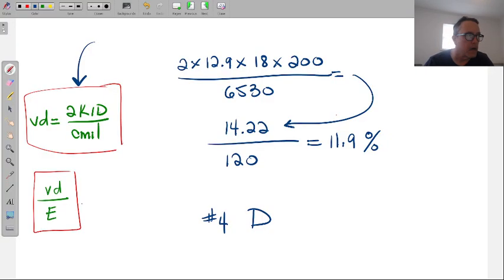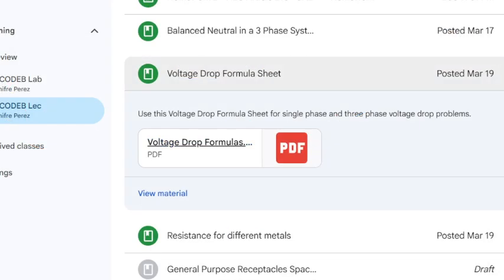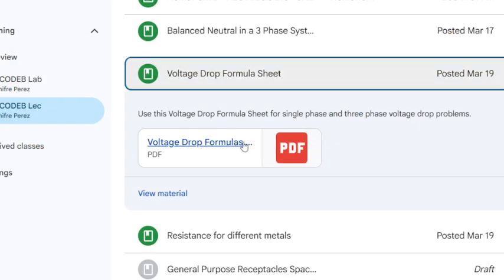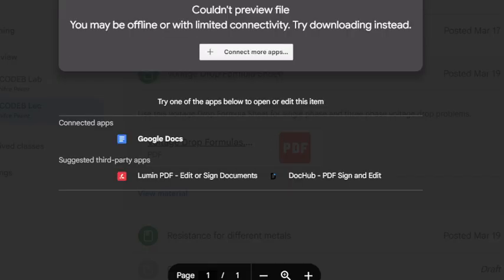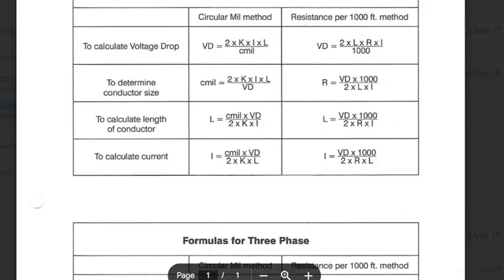Now, I do have the formulas posted. Remember, you don't need the three-phase one for tomorrow, but if you want the formulas at all, I posted it here under the voltage drop formula sheet, and I'll open it up here. There it is. And I have both, right?